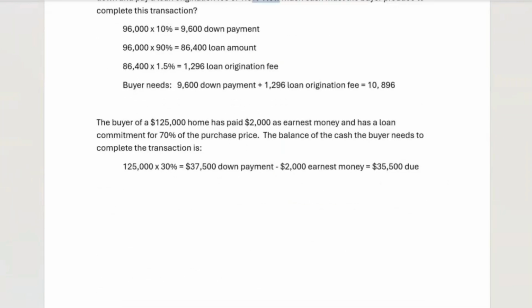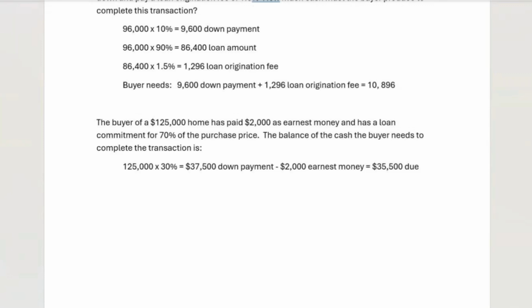Next, we have a buyer of a $125,000 home. He's already paid $2,000 as earnest money. He has a loan commitment for 70% of the purchase price. How much more does the buyer need to complete the transaction? Well, if he's getting a loan commitment for 70%, that means his down payment is 30%.